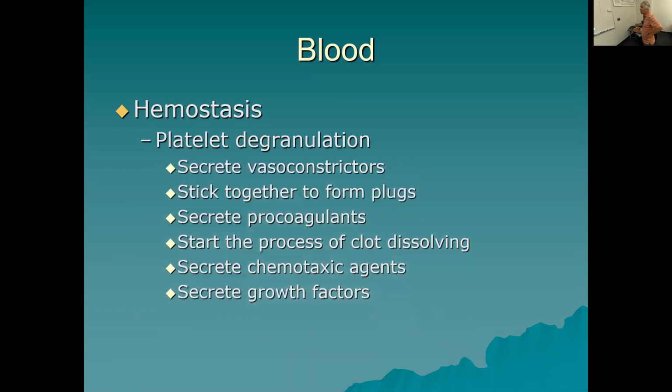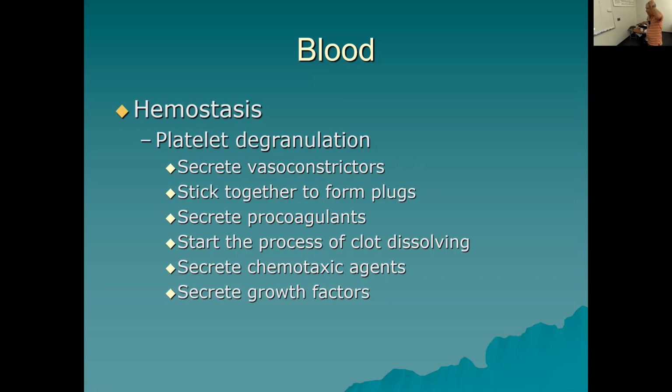So you get platelet degranulation. You secrete vasoconstrictors, thromboxane A2 being one of them. They stick together to form plugs. They secrete procoagulants, which stimulate the cascading process of these proteins.